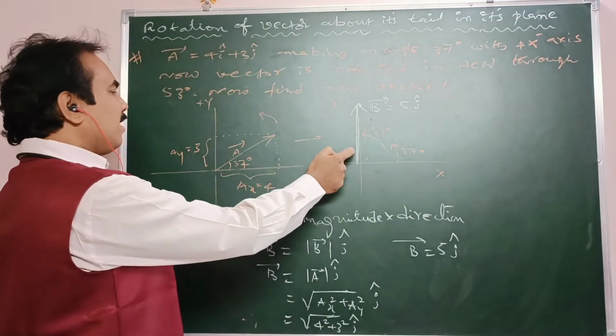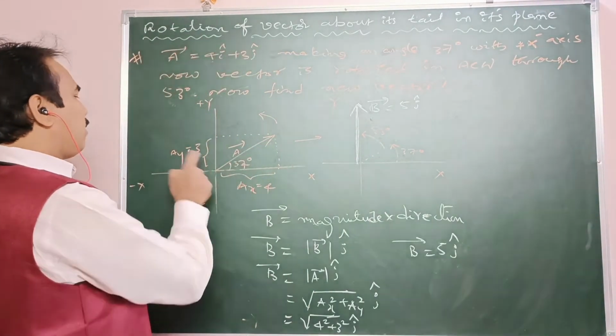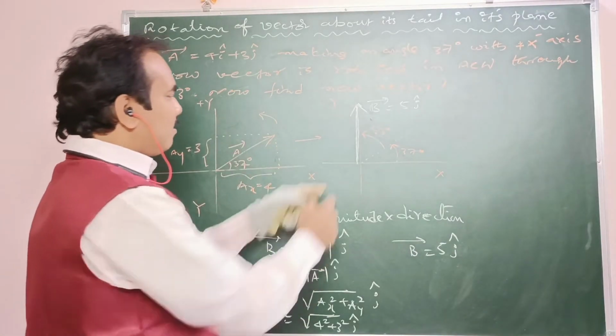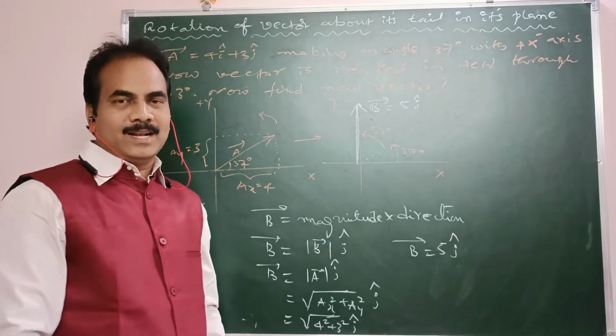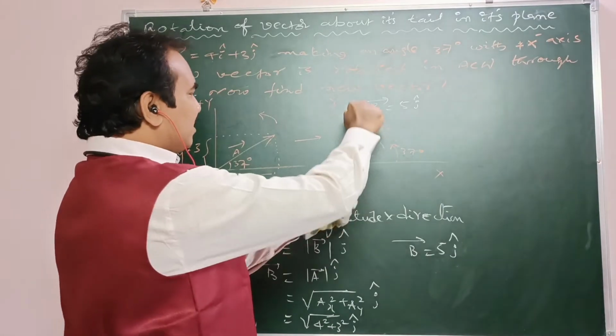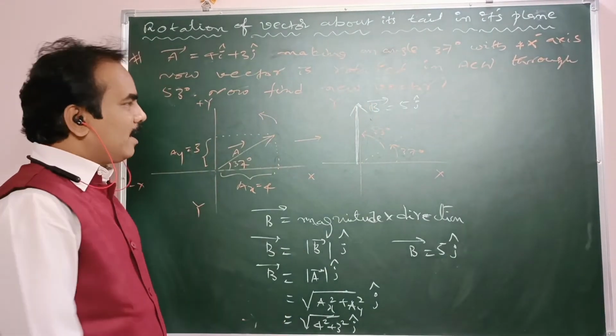For the same vector in the previous position, it finds two components, x and y. If it points along positive y direction, it has no x component. But in both cases, the magnitude, the length of the vector, remains the same. Right?